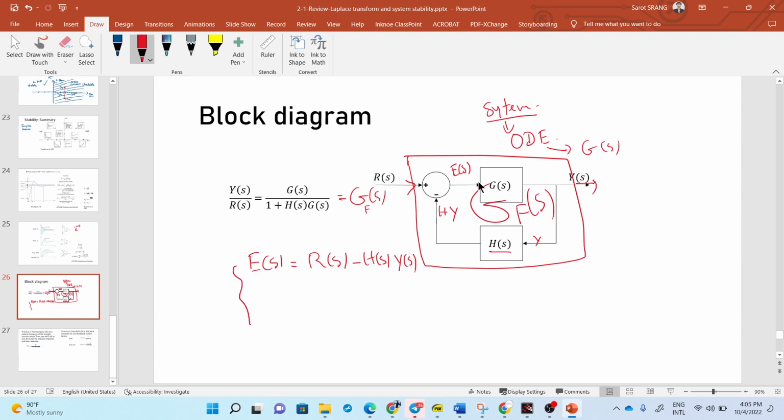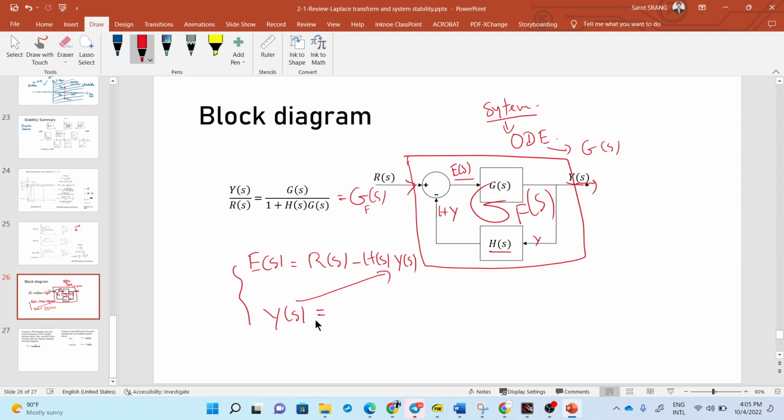And another relationship, between E(s) and Y(s): Y(s) equals E(s) times G(s), right? Then you substitute Y in here, or maybe you substitute E(s). You find E(s) from here.